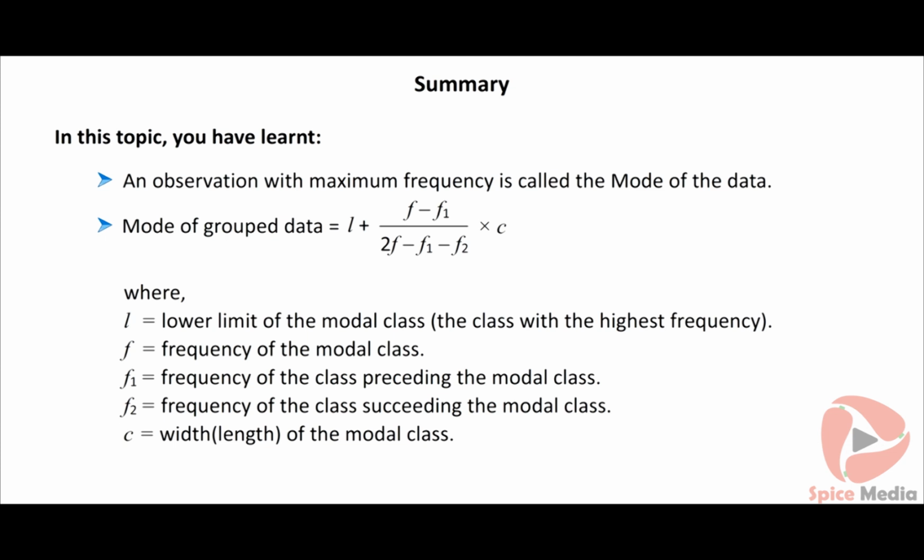F equals frequency of the modal class. F1 equals frequency of the class preceding the modal class. F2 equals frequency of the class succeeding the modal class. C equals width of the modal class.